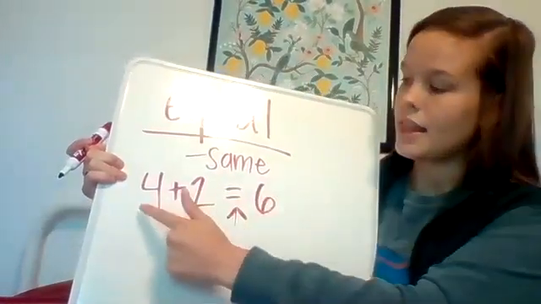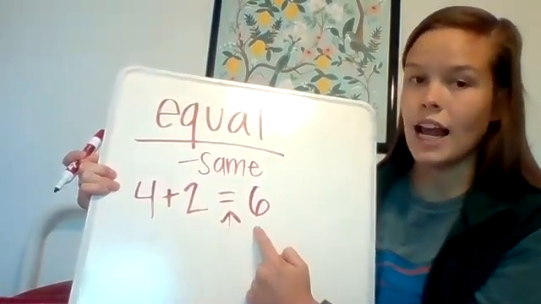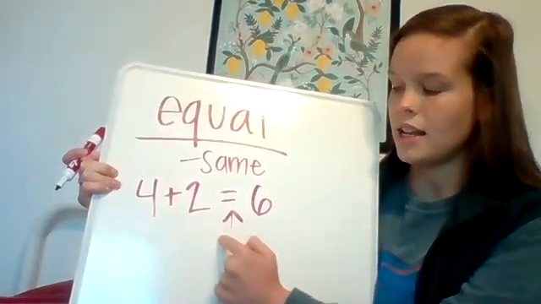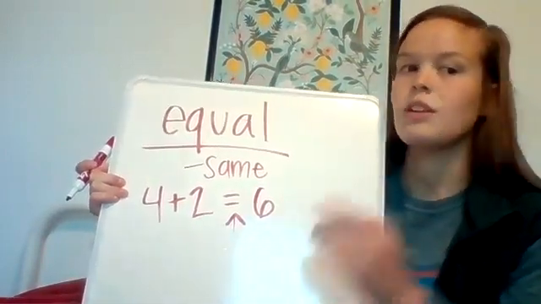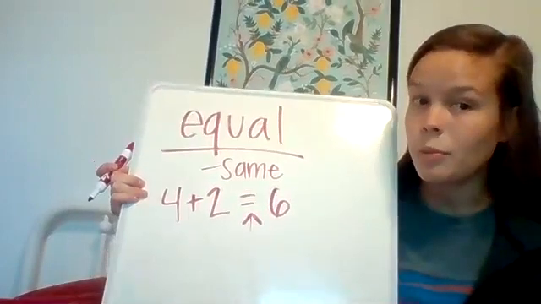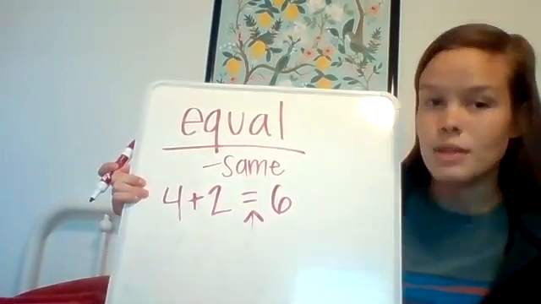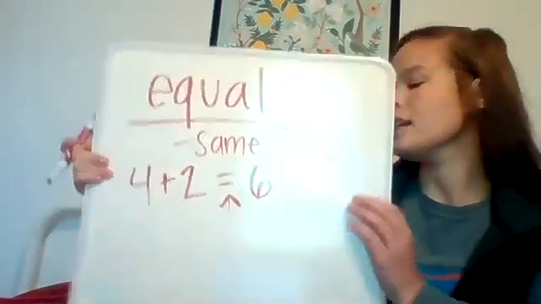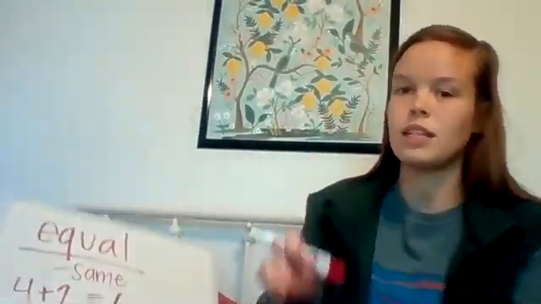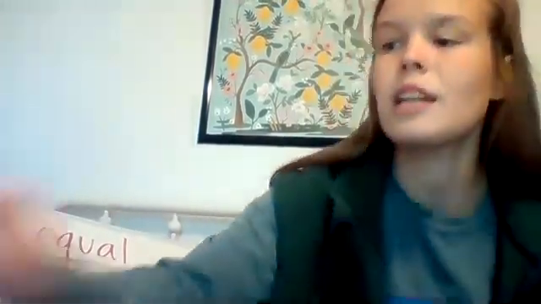So we're saying that this is the same as this. This is equal to this. So I think we understand what the word equal means. So now we're going to be talking about equal amounts of something. Equal amounts of something.